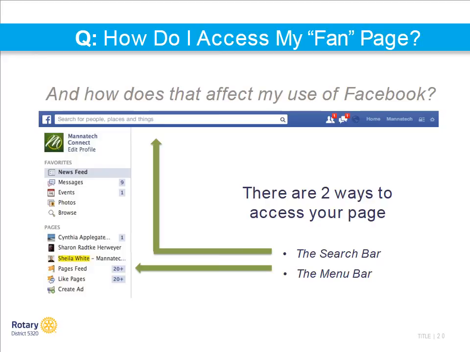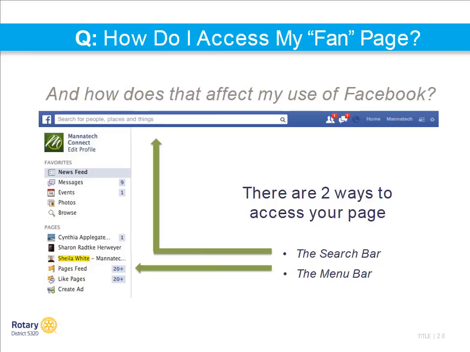If you have a generally public personal profile as I do, you may receive messages from around the world. You know, you're a PDG, you're a Rotarian or whatever, you may receive a message from the Ukraine or something, but you have the ability to control your privacy and who can actually message you.